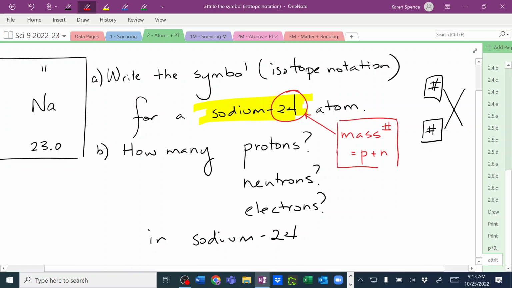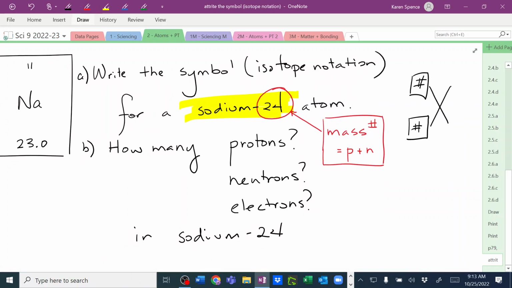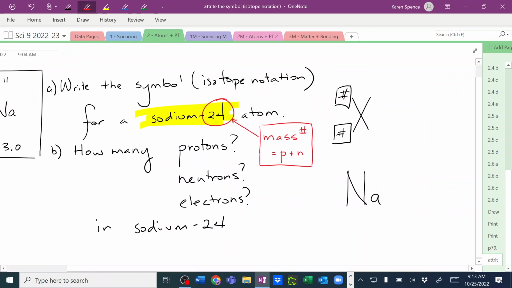So anytime you see the name and then a number, you're going to say, oh, that number is the protons plus the neutrons. So if we're now going to write the symbol for this, we're going to take our symbol, instead of X, we're going to have Na. And which number goes at the top and which number goes at the bottom?